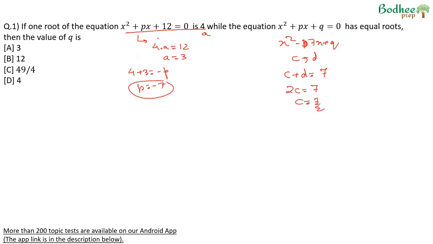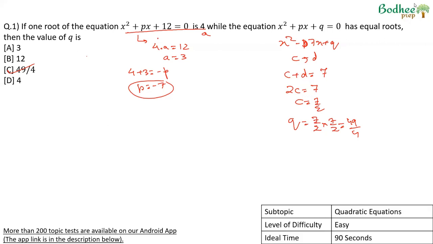We have to find the value of q. Q is nothing but the product of roots. So q will be 7 by 2 into 7 by 2, which gives us 49 by 4. I think a relatively easy question involving sum of roots and product of roots. Types of question that definitely could be attempted in exams as well. Attempt time for this question, I'd say, should be about 1.5 minutes at the most.